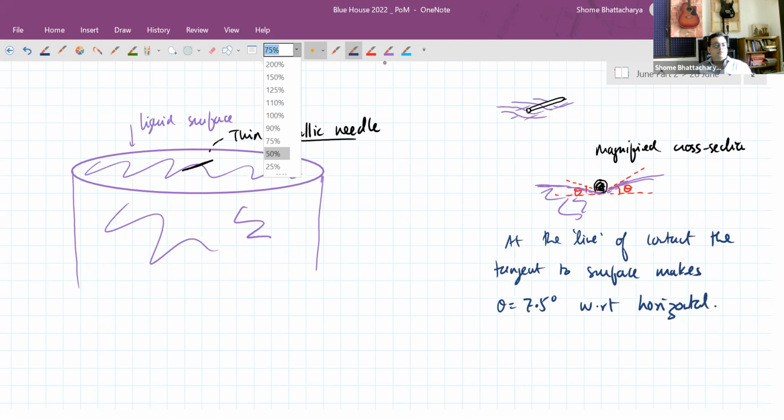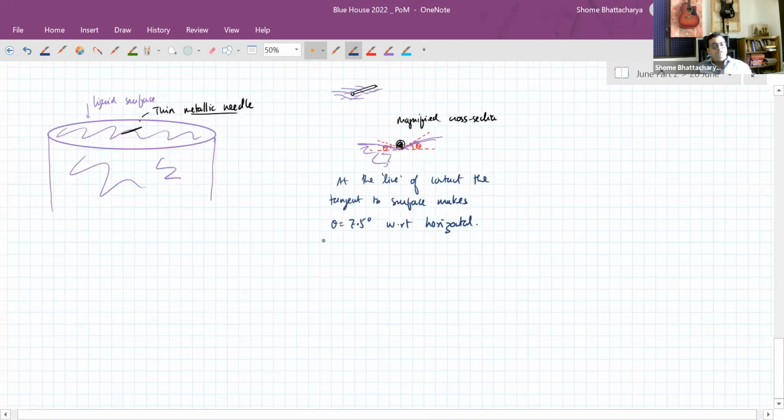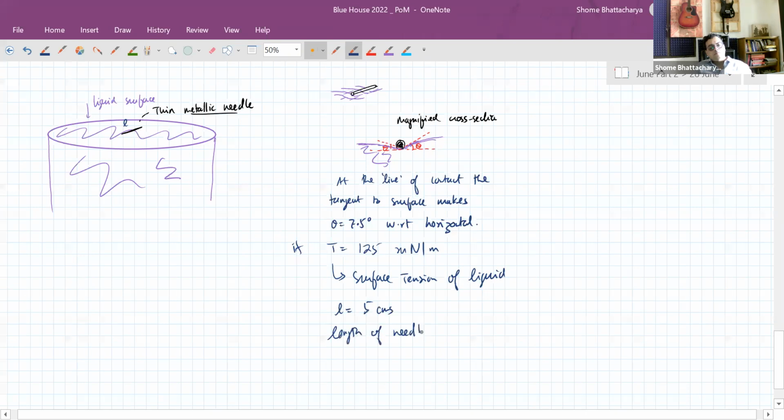If the surface tension of the liquid is 125 millinewtons per meter, and the length of the rod or the needle is equal to 5 centimeters, then we want to find its mass.